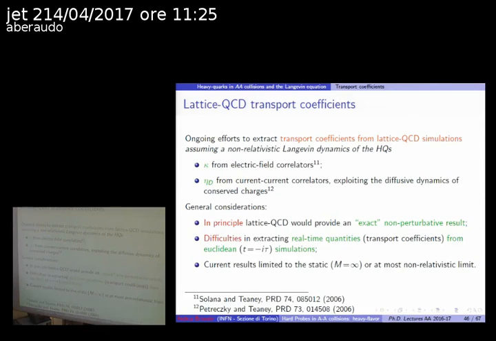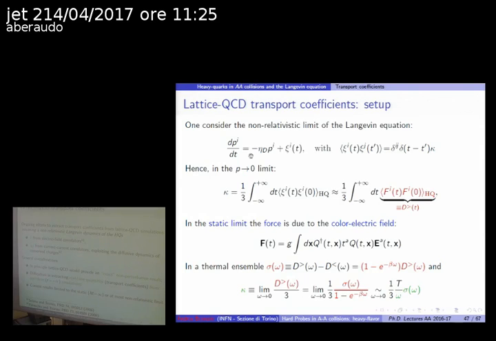So time is imaginary, and it means that I have sacrificed the possibility of studying the time evolution. In principle, lattice QCD calculations provide a non-perturbative answer, but there is this major difficulty in extracting real-time quantities from Euclidean simulations. Okay.